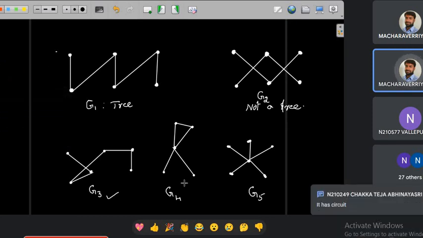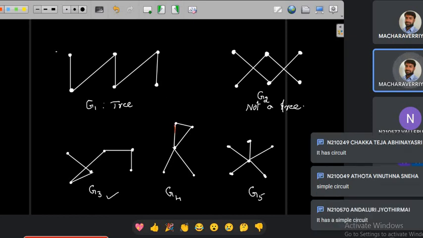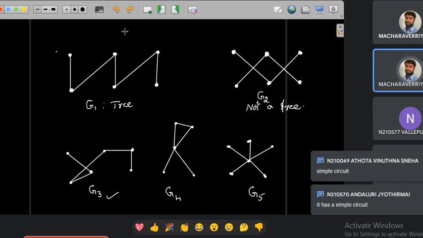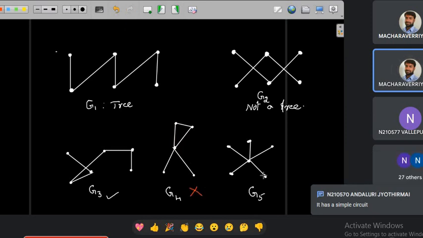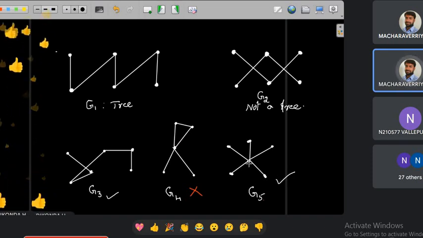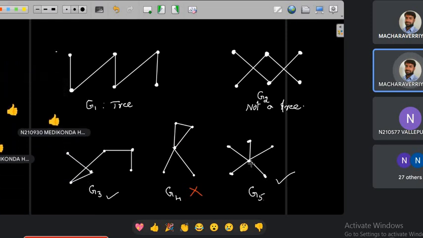It has a circuit, yes. So you can find a circuit here, but a tree cannot have a circuit. So therefore, this is not a tree. And how about G5? Is it a tree? Yes. G5 is a tree because it is connected and there is no simple circuit in it.